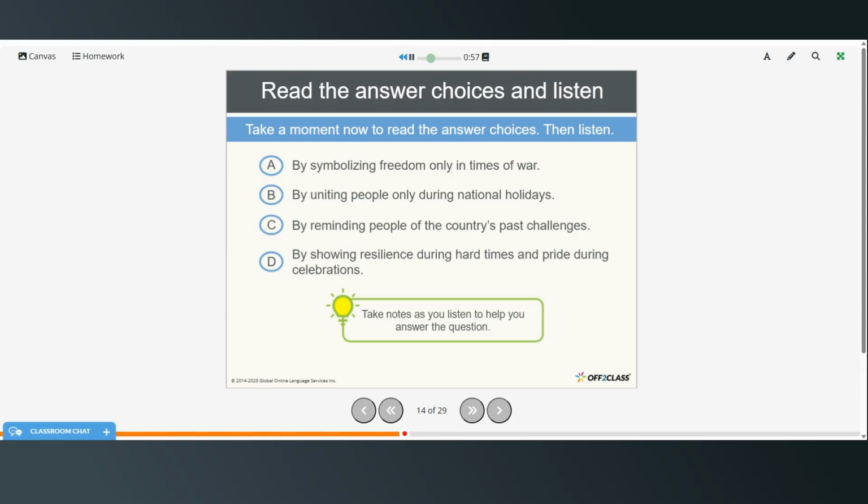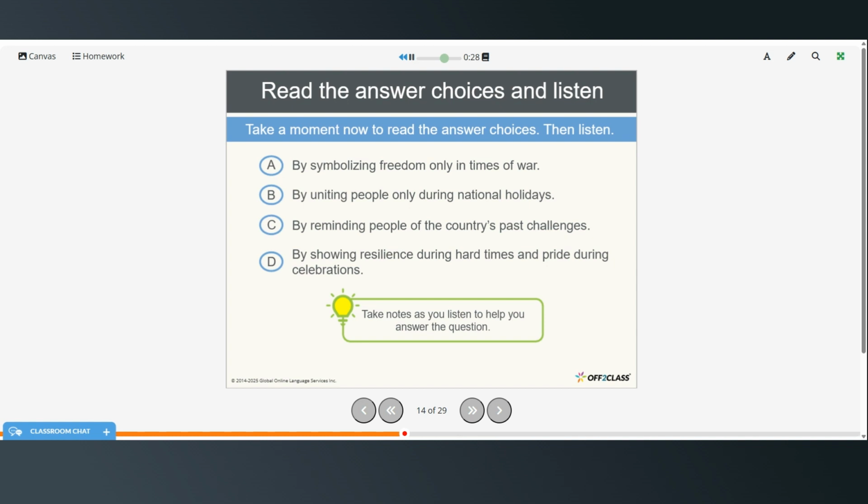The American flag has symbolized unity during both celebrations and times of crisis. For example, after the events of September 11, 2001, Americans displayed the flag as a symbol of resilience and solidarity. This was a moment when the flag represented hope and strength, especially as it waved over Ground Zero. However, the flag has also been used to inspire unity in times of celebration.